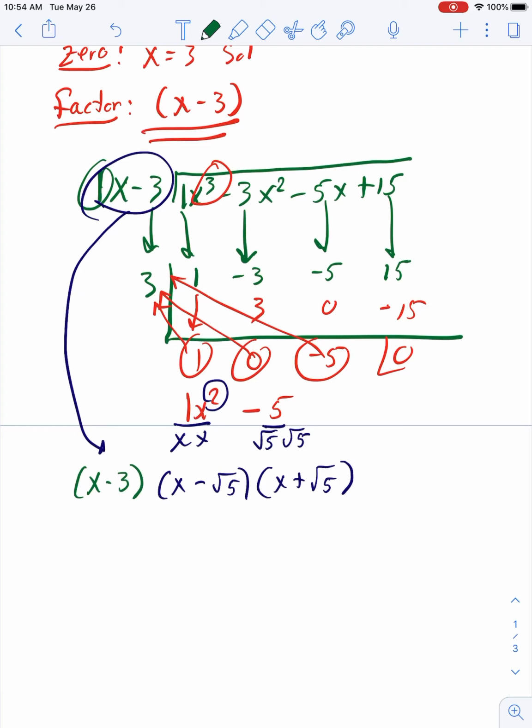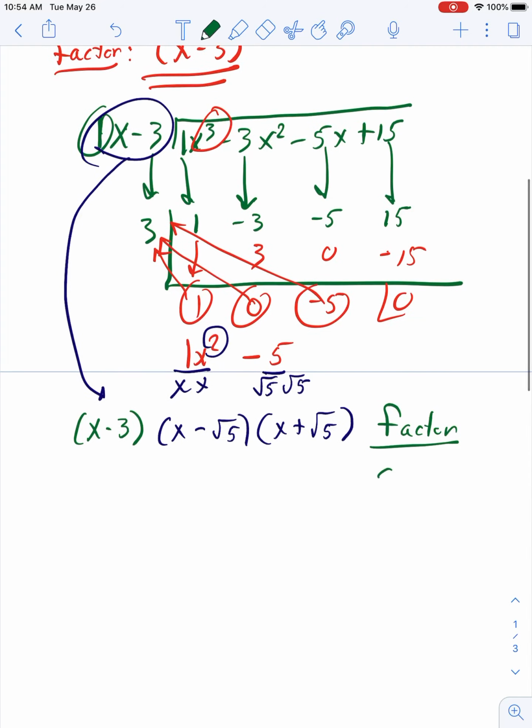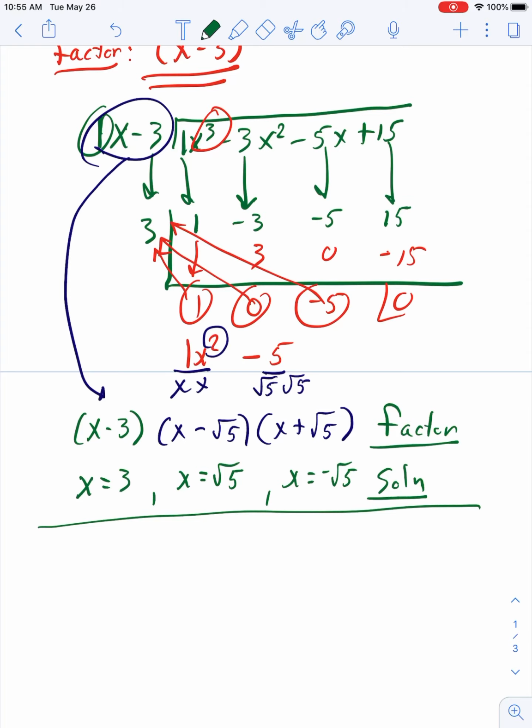We have x minus 3. Okay, so these are the factors. Now solutions, that would be set equal to 0, so the solutions would be x equals 3, x equals root 5, and x equals negative root 5 for the solutions.